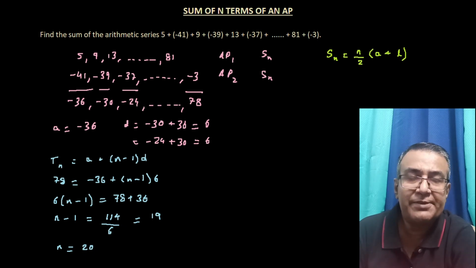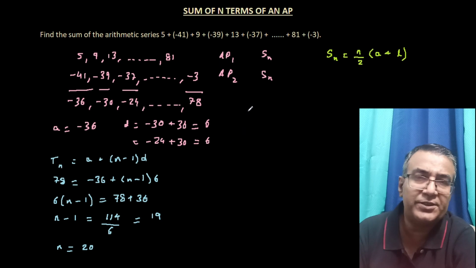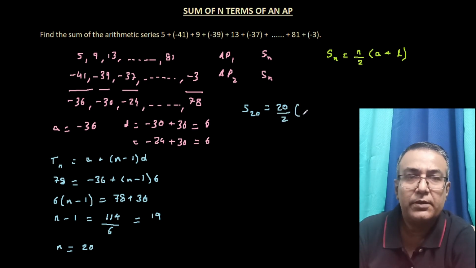So now we know that 78 is nothing but the 20th term of this AP. And now, since we know everything that is there in the formula for the sum of n terms, we can just plug in the values. So S of 20, because there are 20 terms, is going to be 20 upon 2 times the first term, which is negative 36, plus the last term, which is 78.